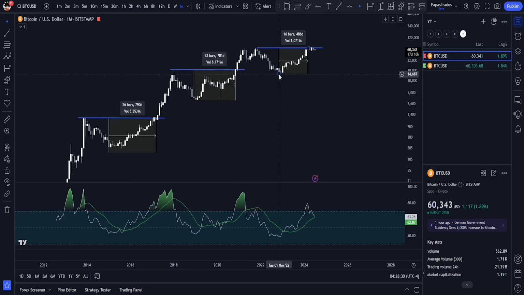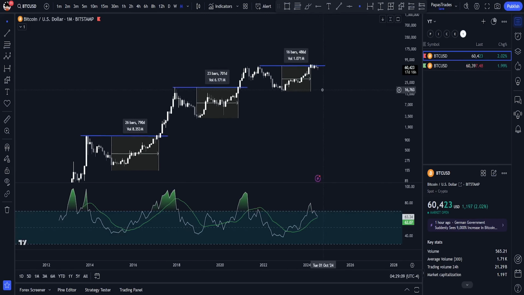Now from this bottom to the current cycle high, which was at 72,000, it only took 486 days to break above the previous cycle high at 69,000, which is interesting to me because we have a pattern at play here. The pattern is that it's taken roughly 700 days or more to break out of the previous all-time high, but this current cycle did it in 486 days. Now this can be a testament to the ETF inflow and how much people were buying at the time, which caused the price to significantly rise. So that's something to consider as well.